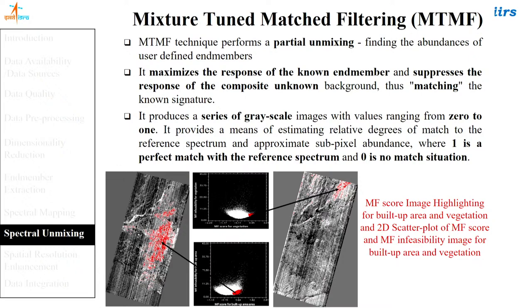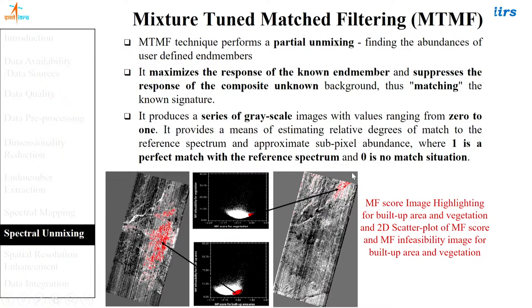But sometimes, like here in this case, you can see this urban area and dry riverbed came out as similar. So one additional parameter is added in this mixture tuned matched filtering, called infeasibility, which only highlights that feature and discards the mixed features. In this case, we took a high score and low infeasibility value, which only highlighted the urban area, discarding the dry riverbed, which was also appearing bright.